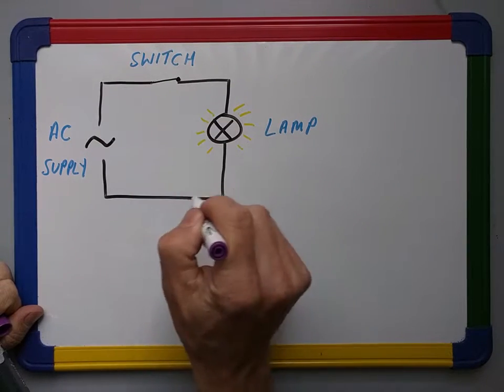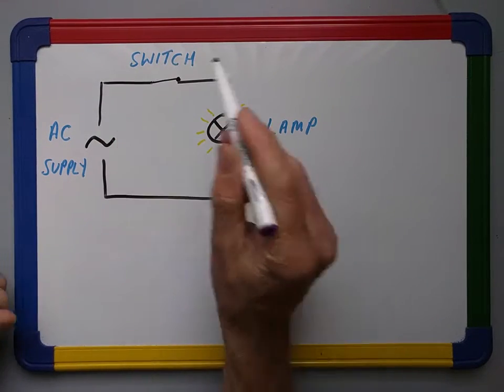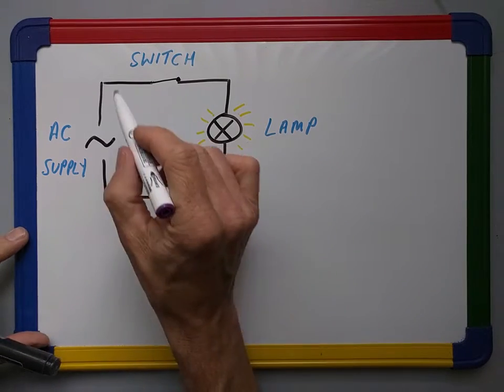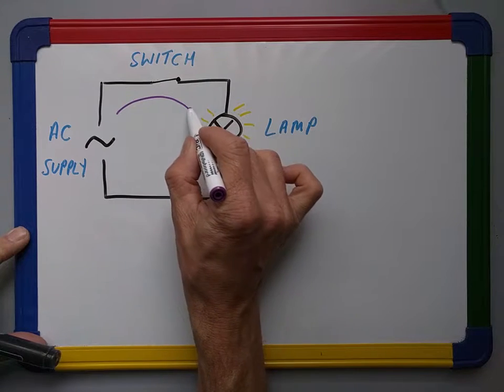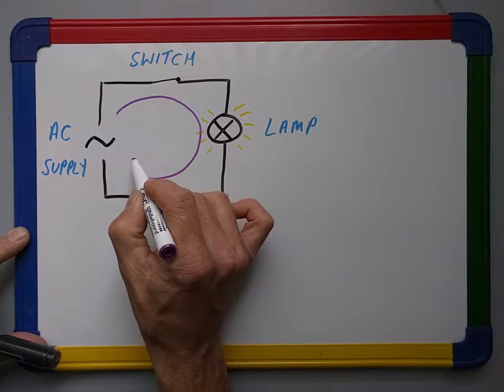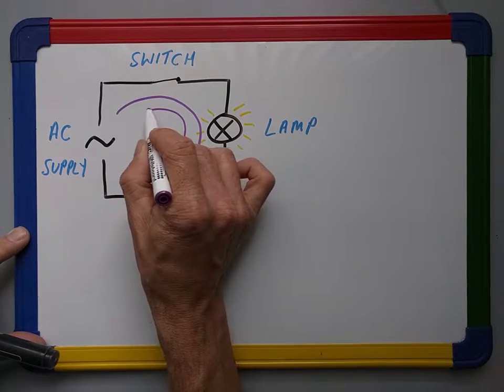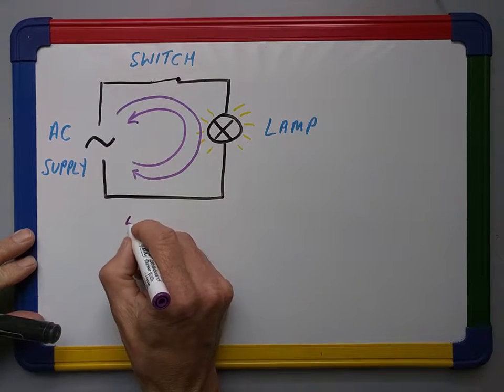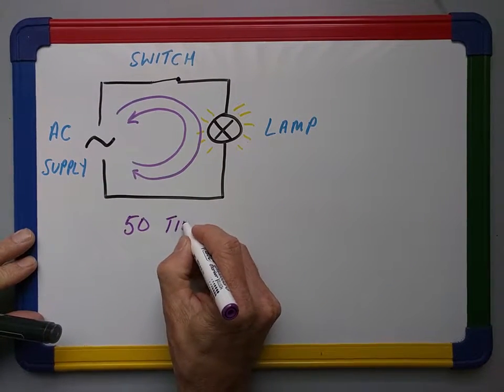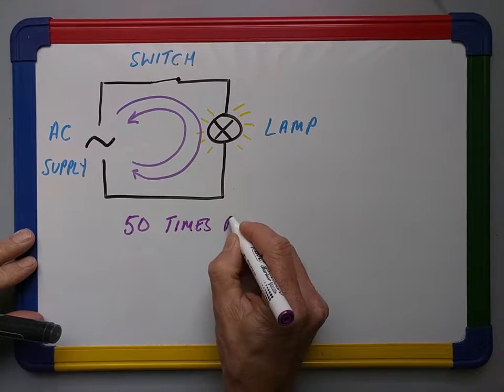Is it flowing clockwise or anti-clockwise? And as you've hopefully picked up by now, because this is an AC supply, it's actually doing both, though not at the same time, obviously. It goes forward, back, forward, back, forward, back, 50 times per second.